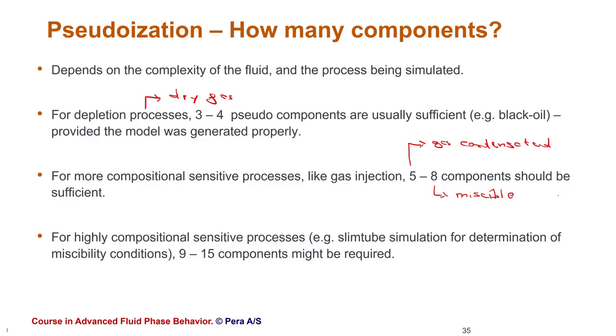It's a good strategy. Some authors recommend more components. I think 15 is too exaggerated. I think it would be impossible to run a field scale model using 15 components in our representations. It will be very hard to run this model.